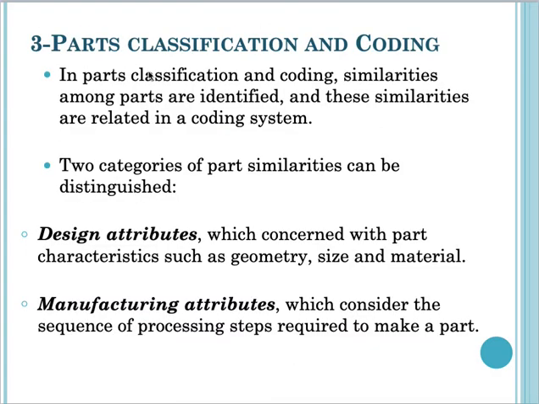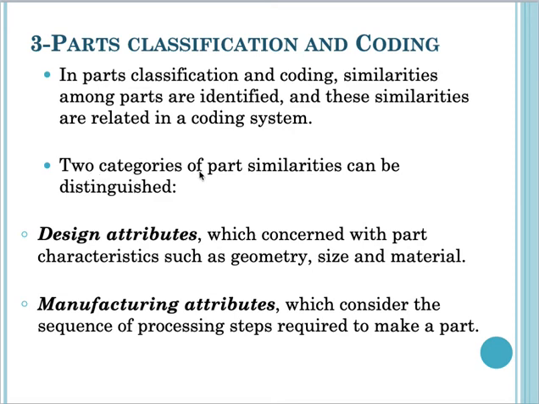So if you see part classification and coding, it is the most time consuming and complicated of the three methods. In part classification and coding, the similarities among parts are identified and these similarities are related in a coding system.